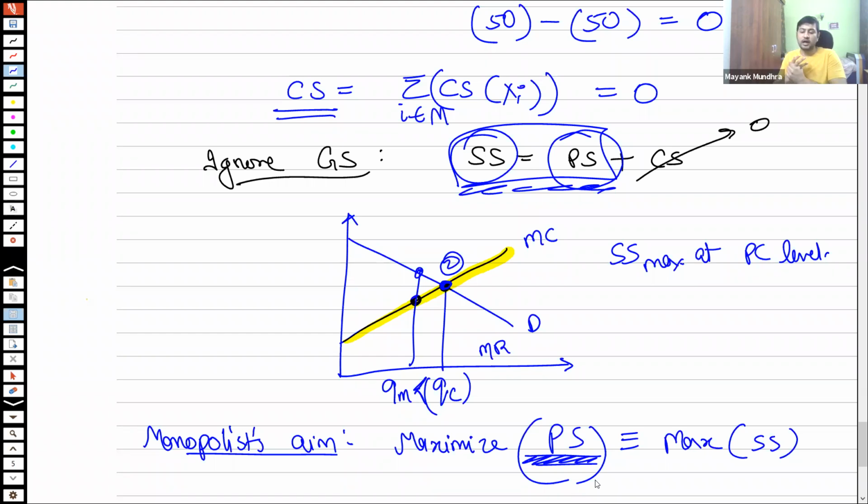If firms had a complete free hand as to what they want to charge, then you would have more production. Simply, you see, QC is greater than QM here. So if firms could do first degree price discrimination, they would definitely produce more quantity.